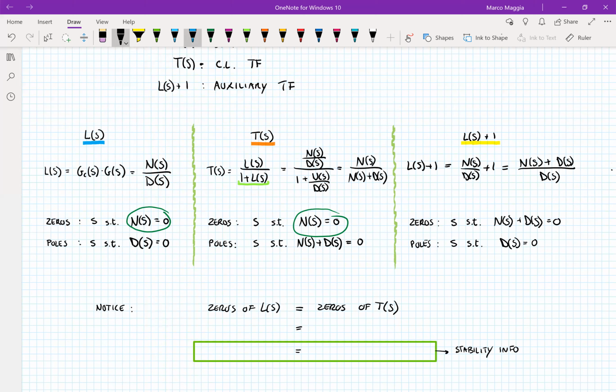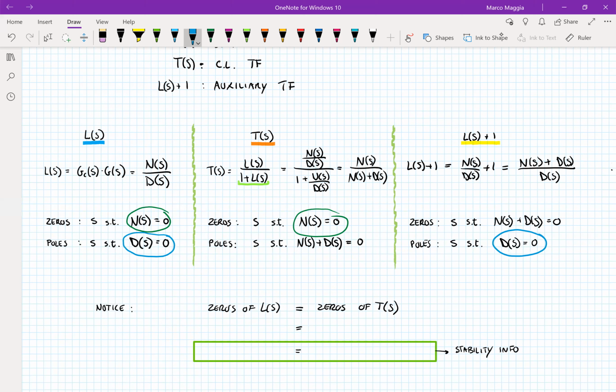Well, let's find the other pairs. We see that the poles of L of S, that is D of S equals 0, are equal to the poles of L of S plus 1. So you take L of S, even if you add a constant, you add 1, the poles of these two transfer functions are the same.